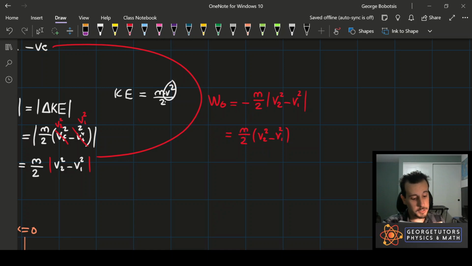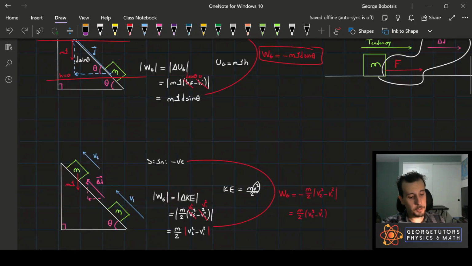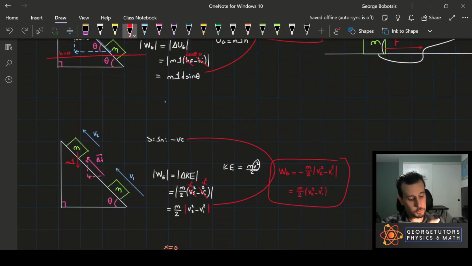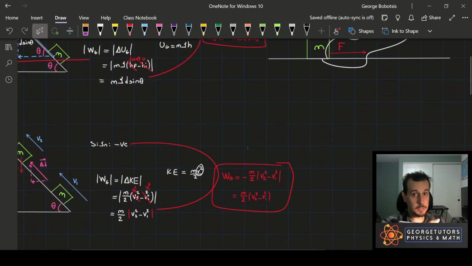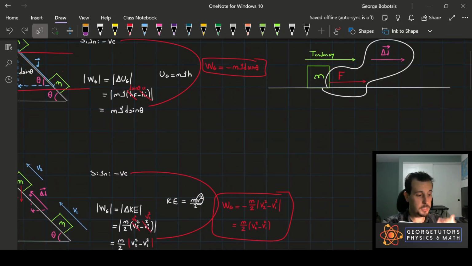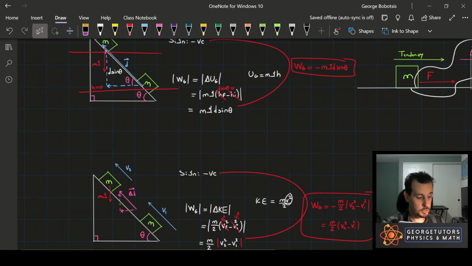So these are equivalent ways of writing this thing. It's up to you how you want to write it, but this is the answer about the work done by gravity. You see very different answers between this and the previous part, and yet they are exactly equivalent, but we're given a different set of variables in each scenario.